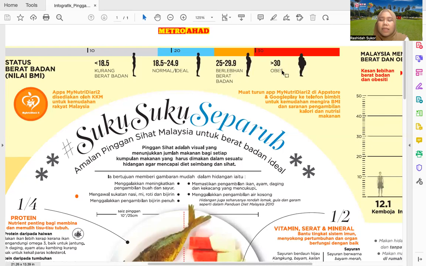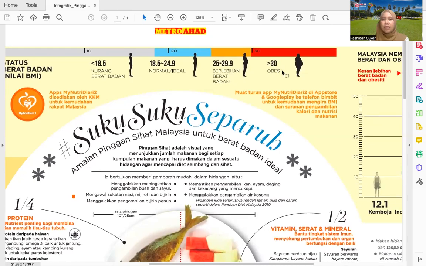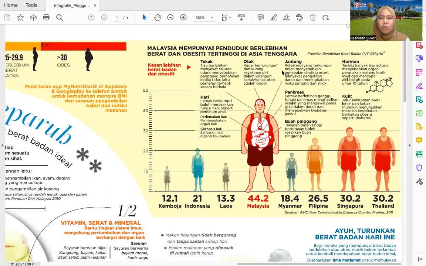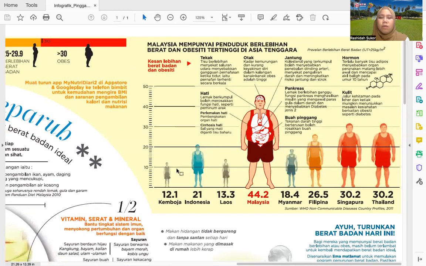If it is more than 30, it's already considered obese. Okay, so Malaysia is number 1, the highest in Southeast Asia, in the prevalence of high body weight.